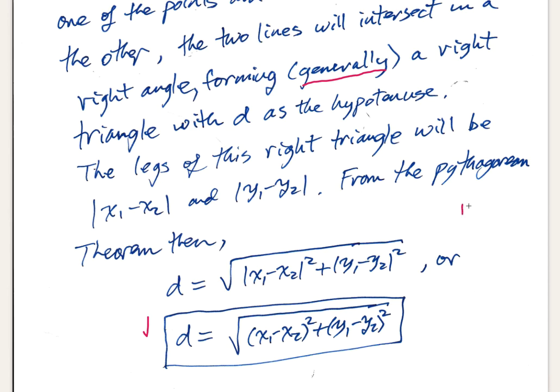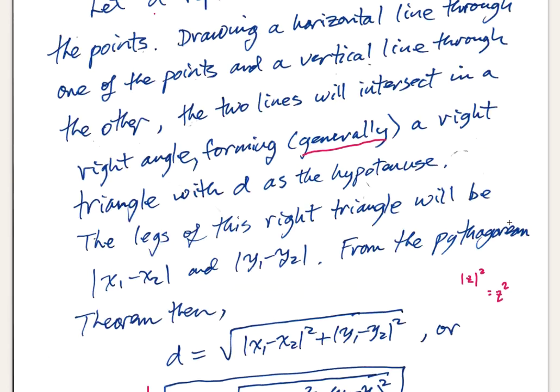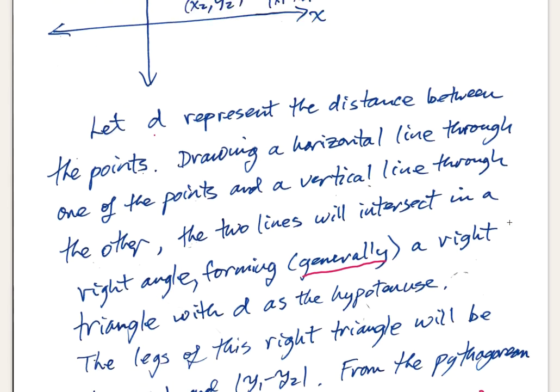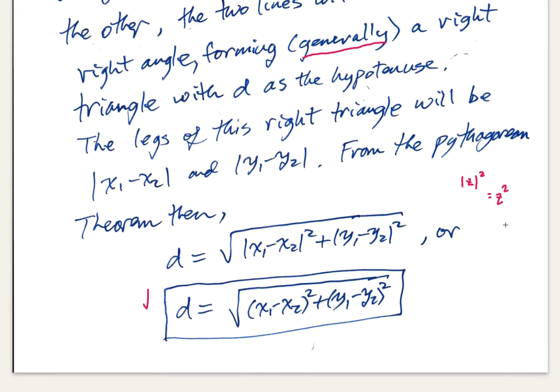The absolute value of z squared and z squared are going to be the same if z is a real number. All right, I hope all this made sense.